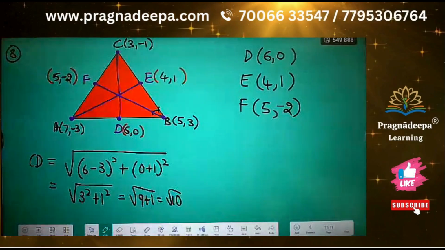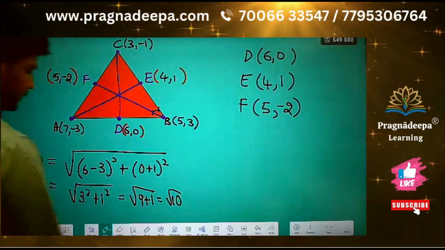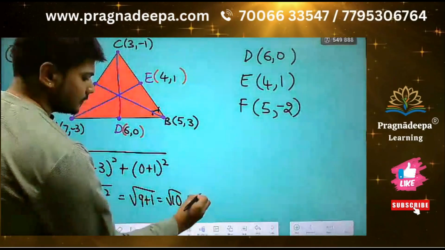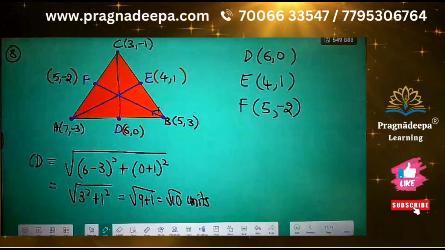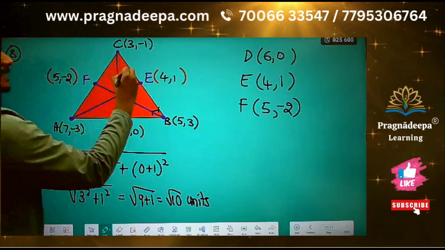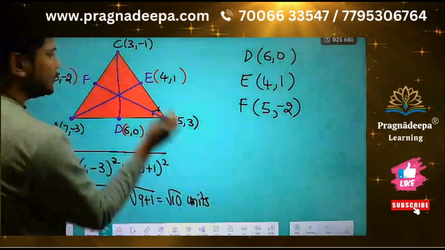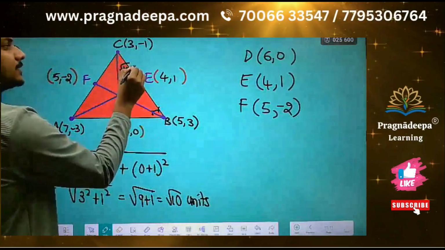The length of CD is √10 units. So we calculated the CD length, √10.